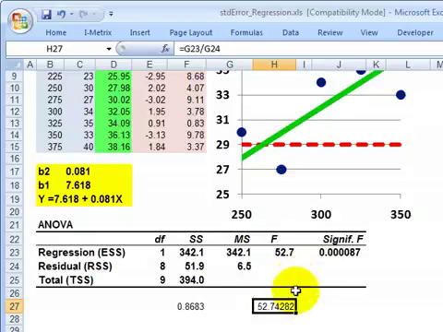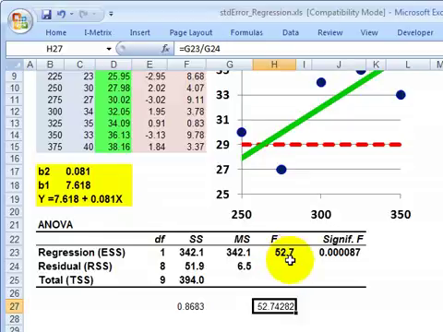What is that? That is a test of the hypothesis that the explanatory or independent variables are significant in the regression. We can use this for multiple regression, or in this case, we're using it for a single regression. It's more help to us in a multiple regression when we want to test the joint null hypothesis that the explanatory variables have zero impact on the regression.